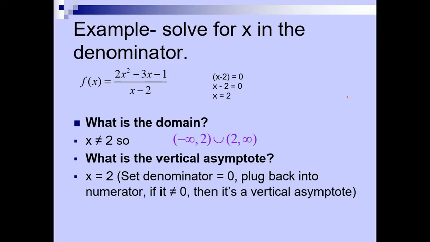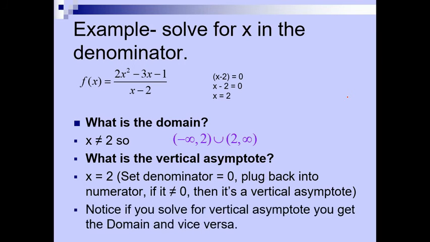Notice how all of this goes together. Your vertical asymptotes determine what is in the domain and what is not. If you solve for the vertical asymptote, you get the domain and vice versa.